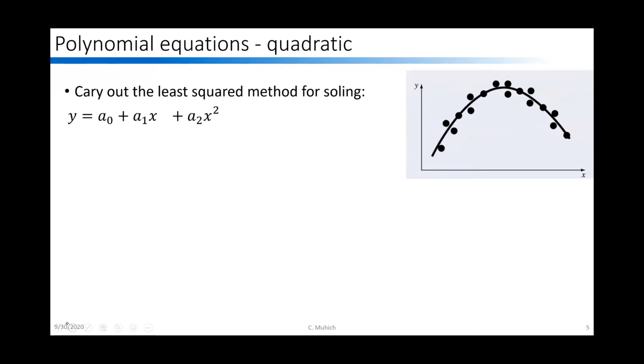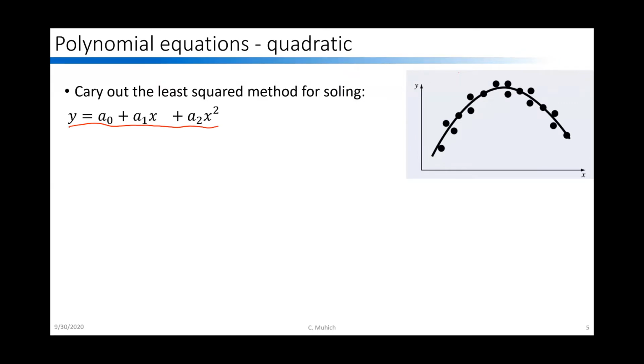So let's first look at the equation that we're looking for. If we want just a generic parabolic equation, we could say that y equals some constant a0 plus a constant a1 times x plus a constant a2 times x squared. Once again, we're going to use this idea of a sum of squares, or a sum of our residuals, in order to see how wrong or right an equation is.